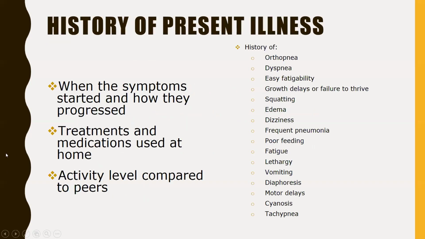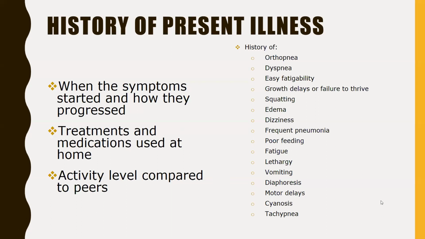We also want to look at history of the present illness. When did the symptoms start and how did they progress? What treatments and medications were used at home? What is that baby or child's activity level compared to before or to their peers?